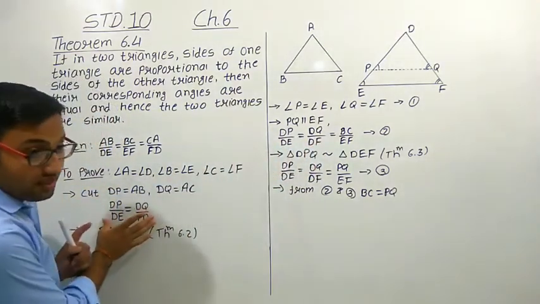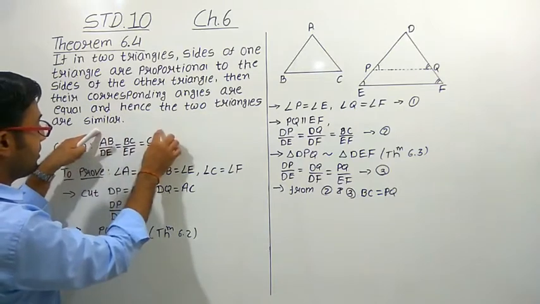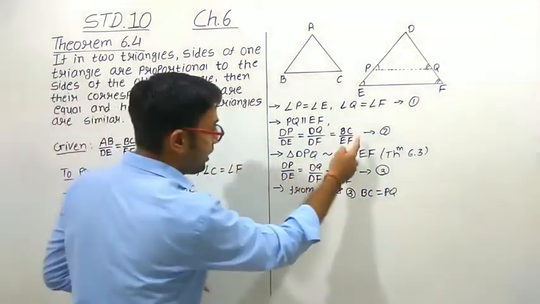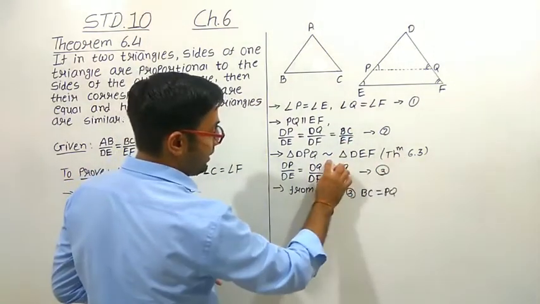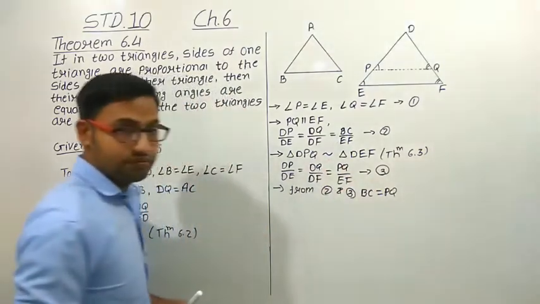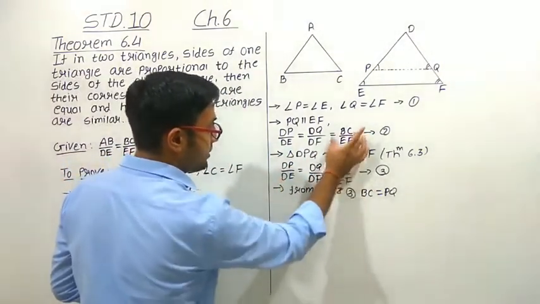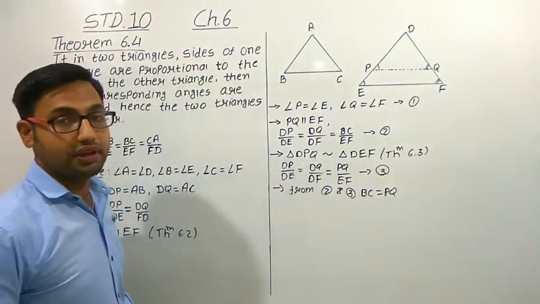And these two conditions we write down from the first and third. The second one we did not use at that time, but now we are using it here, right? And now according to the similarity criteria, we get another condition, and these two conditions are equal. When we compare these two conditions, we get that BC is equal to PQ.